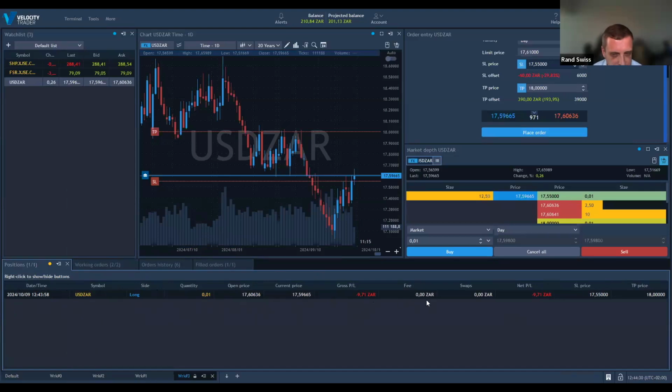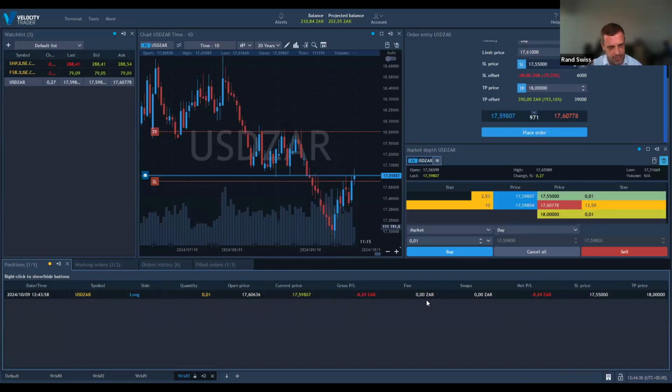With Forex, it's different than with equity. So with equity, you pay a percentage brokerage of the value of the trade. So let's say your brokerage is 0.5% and your total value of your trade was 100,000. Well, 0.5% of 100,000 is 500. So you would see 500 Rand there. But with Forex, it's different.